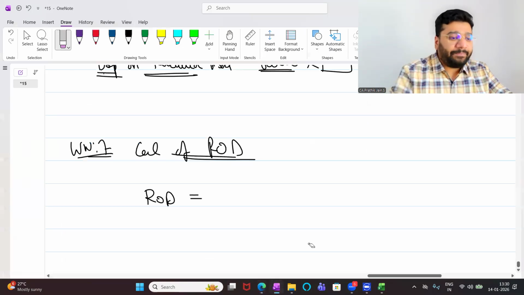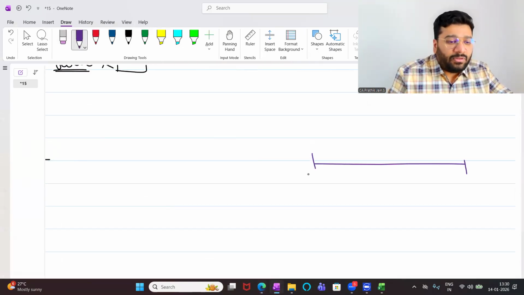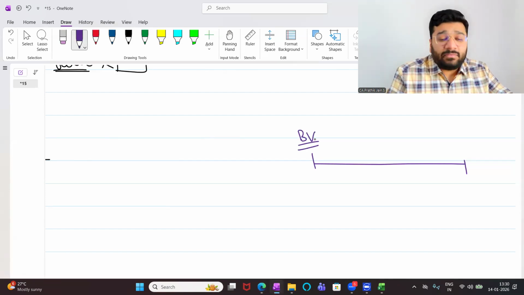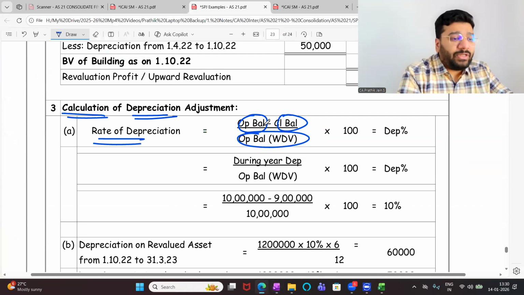Now listen to me very carefully. Book value of the building in the beginning of the year is how much? 5 lakh, given in the additional information. Book value of the building at the end of the year is 4,50,000, which is given in the balance sheet.